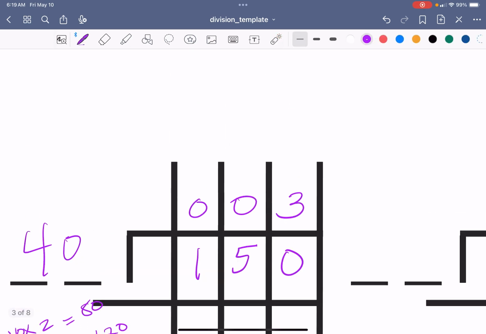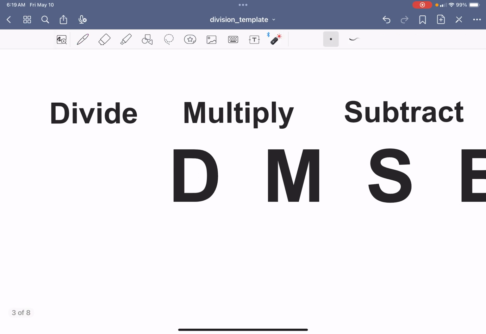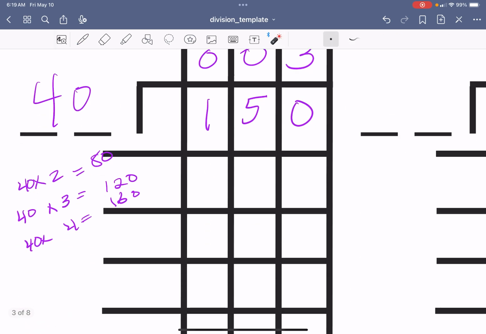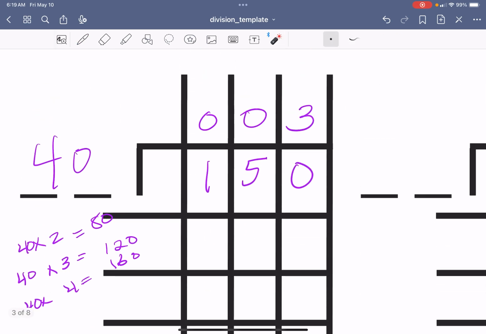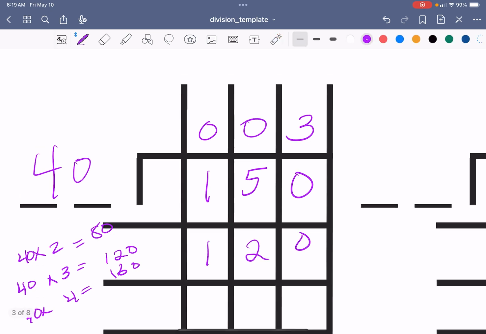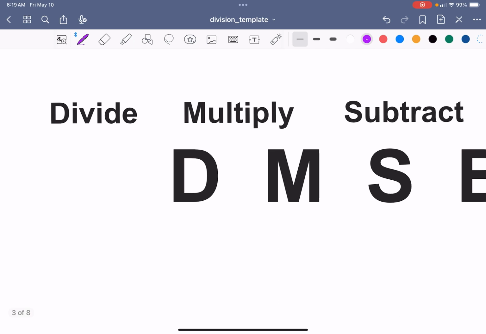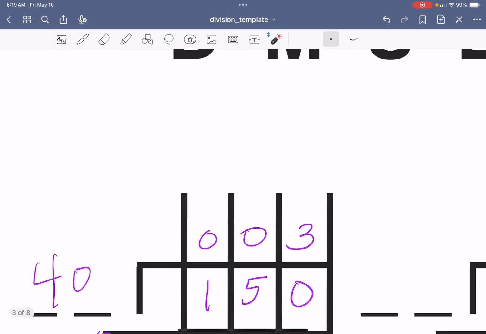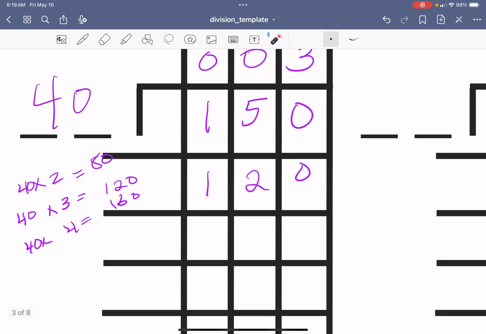So now I'm going to multiply. 3 times 40 is 120. The next step is to subtract. So minus 120. I can erase all this because I don't need this now.